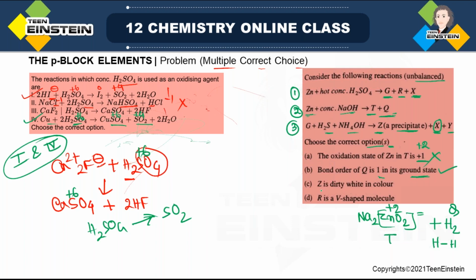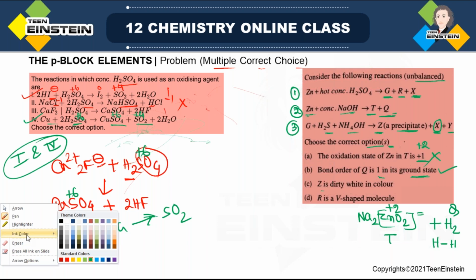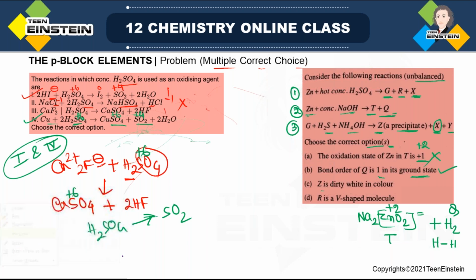Now come to this one. Z is dirty white in color. But to understand what Z is, we have to know what G is. Otherwise, we will not be able to understand what Z is. So to understand Z, now we have to write this equation. Now Zn when it reacts with hot concentrated H2SO4, then H2SO4 will act as an oxidizing agent.